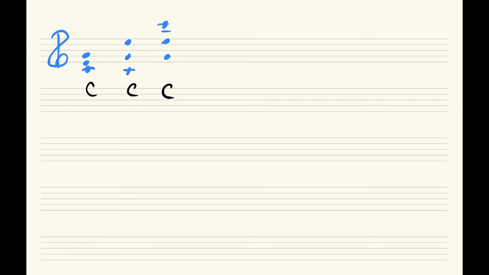So maybe we rewrite them all to be in the same octave, and then we try various permutations. Maybe we rotate below, so we take the top note and move it down. And we have some sort of template in mind. That template says that when you have stacked thirds, then the lowest note is the root.